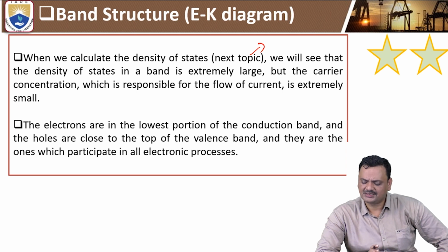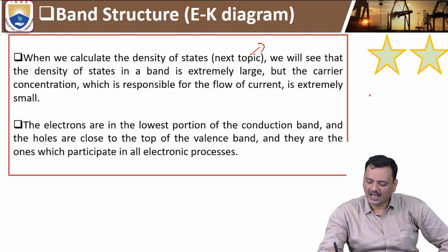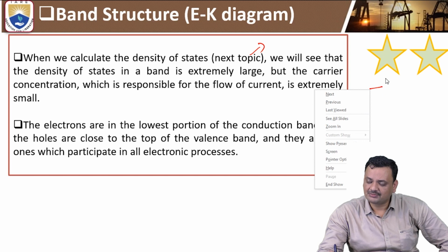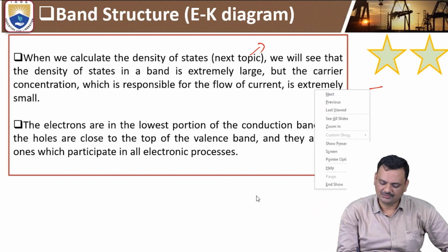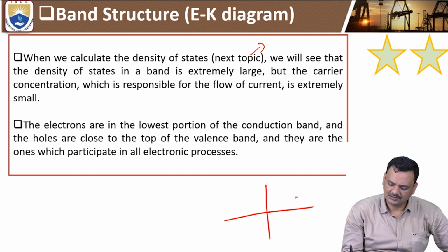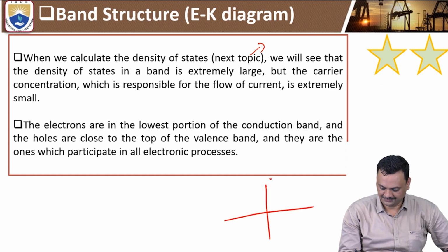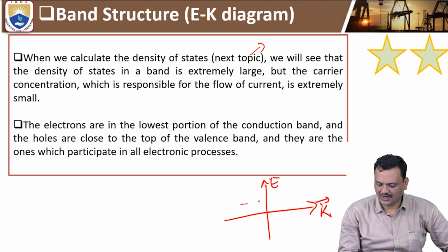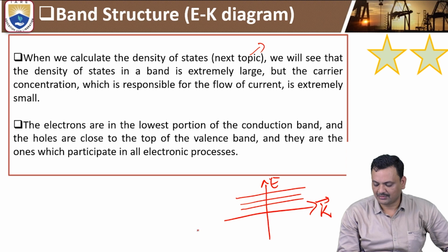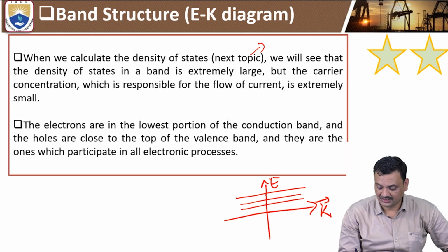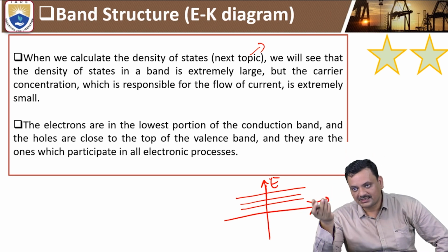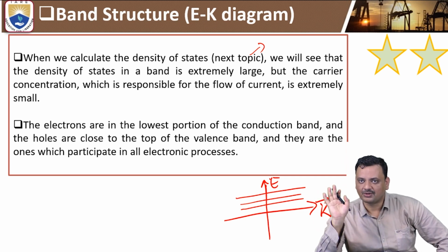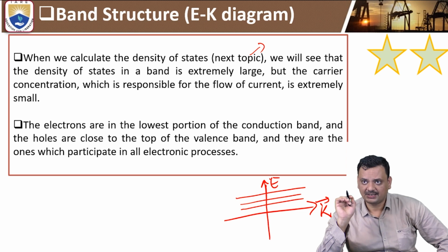So what is density of states? Available energy states per unit energy range. Available energy states means, in the EK curve, whatever energy states are available per unit energy range. Per unit energy range, how many states are available? That is simply known as the density of states.